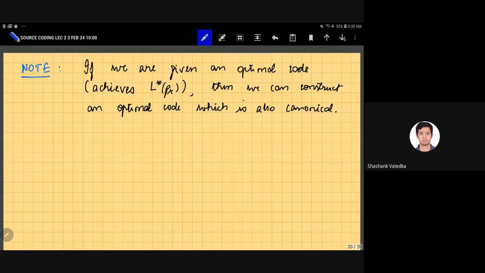So there can be multiple optimal codes for a given distribution, and my claim now is that there is always at least one canonical code which is also optimal. Given any optimal code, I can transform it so that it is also canonical. Is the statement clear, or are there any questions?